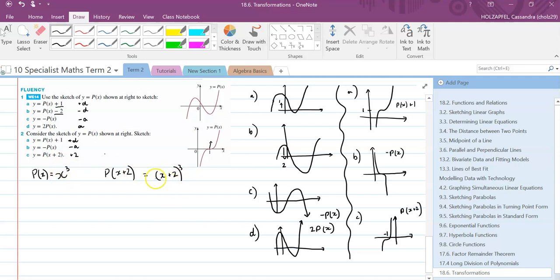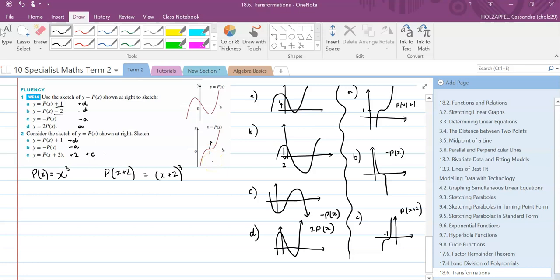This is associated with the change in c, and this is a horizontal transformation. I've shifted this by 2 to the left, because the horizontal is always the opposite to what we think. So this is now touching at -1 rather than touching at 1 where it was.